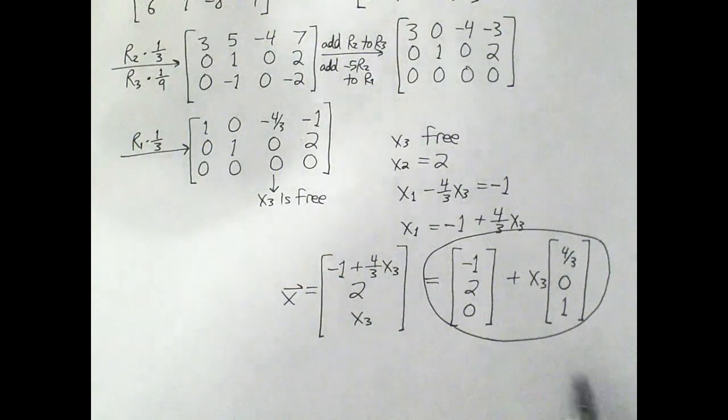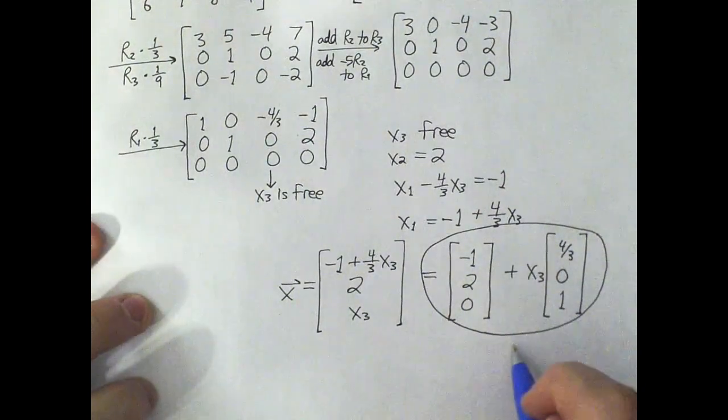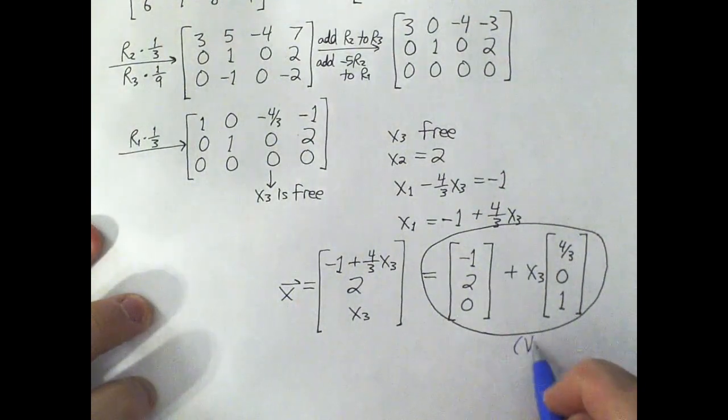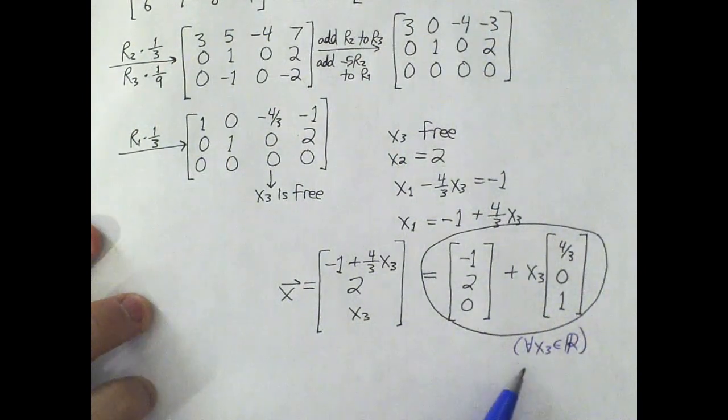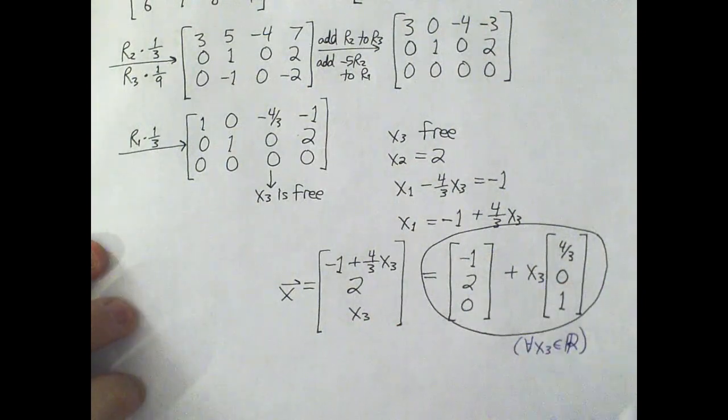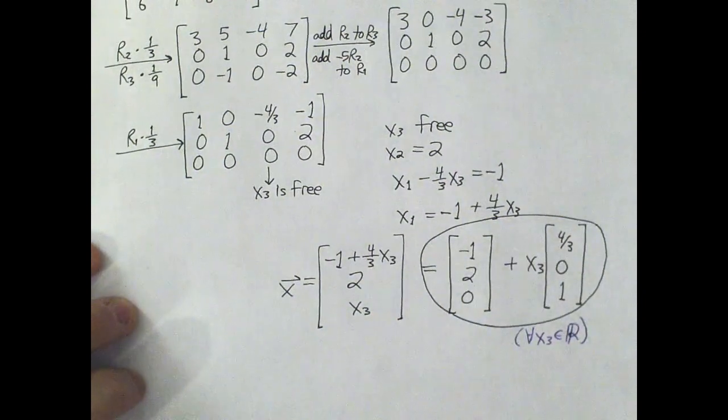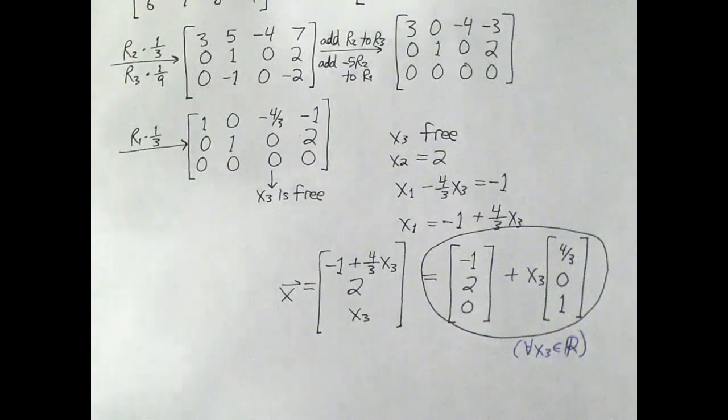It's basically implied when we write a solution this way that x3 is free. So I'll put it in parentheses this time. I'll say for all x3 in R. But from now on, I might just skip writing that. It's optional. It's implied by this form. Not just that x3 is real, but that x3 is free. x3 can be anything.